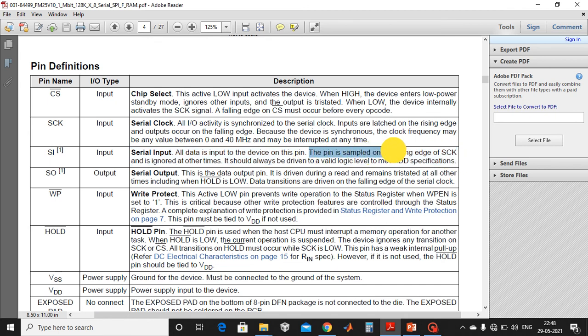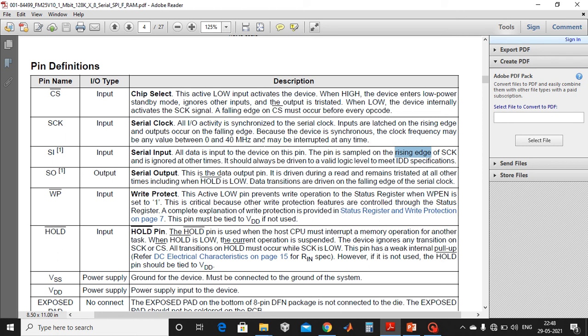This pin is sampled on the rising edge of the clock and is ignored at other times. That means this device samples the data on the rising edge. So the master has to put the data on the falling edge. So you have to configure your master device in such a way that it puts the data on the falling edge of the clock.